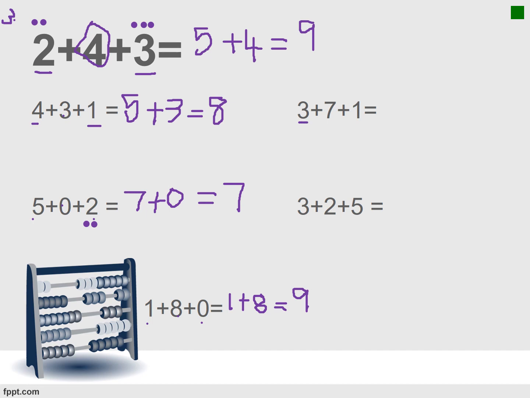Three plus 1. 3 plus 1 is 4. 4 plus, what is the other number? Number 7. 4 plus 7 equals 11.